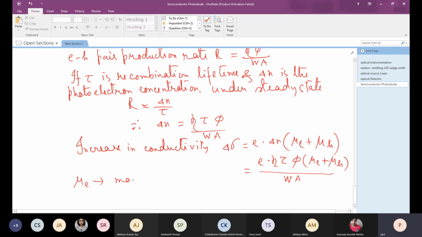Mu E is the mobility of electrons, mu H the mobility of holes.